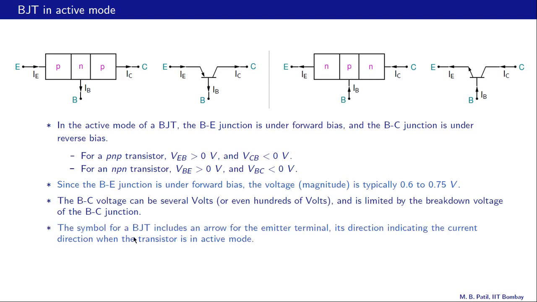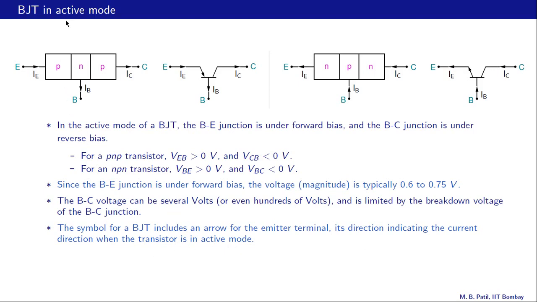Now the symbol for a BJT includes an arrow for the emitter terminal. So look at this symbol. This arrow here is always at the emitter, and the direction indicates the current direction when the transistor is in the active mode.